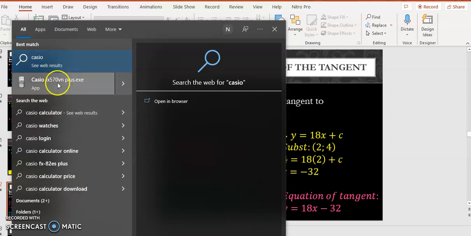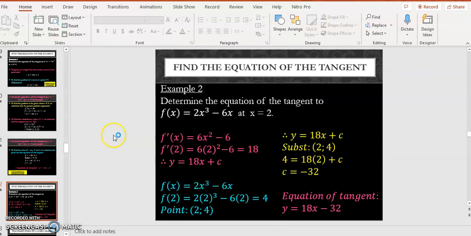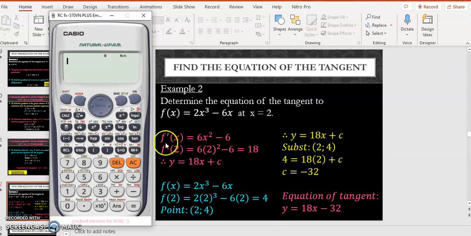Alright, here you are. Okay, so here we have our 2 multiplied by 2 to the power 3 minus 6 times 2. And this is going to give us 4.